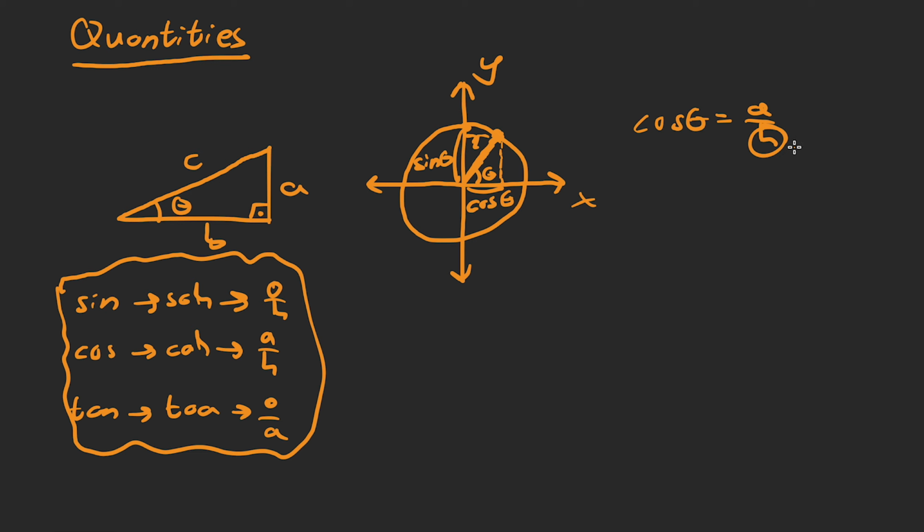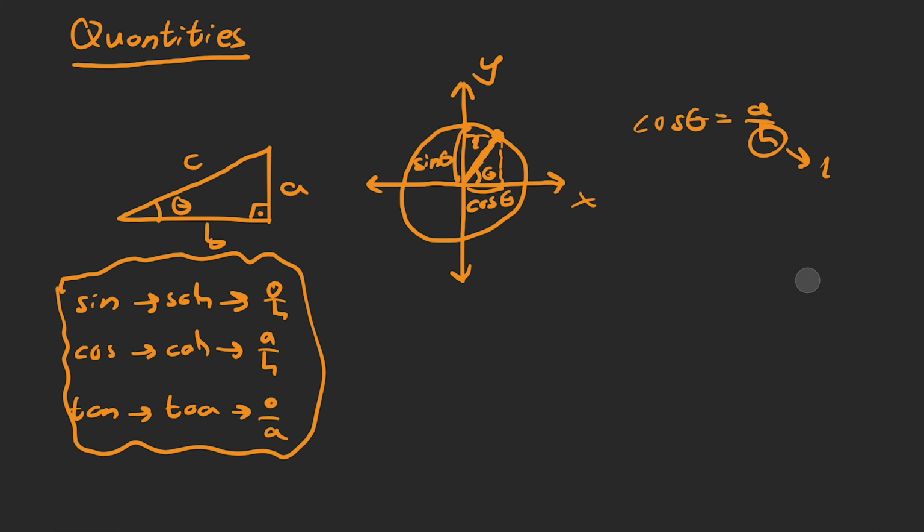And since in this case our hypotenuse is 1, the cosine theta basically gives us the adjacent length. And it's the same for the sine theta. Since it's defined as opposite over hypotenuse, and our hypotenuse is 1, we're just getting the length of the opposite.